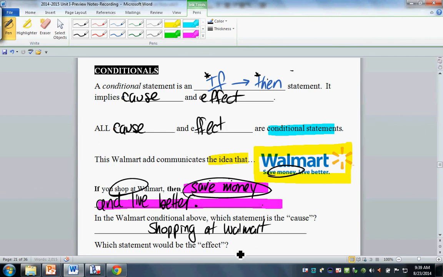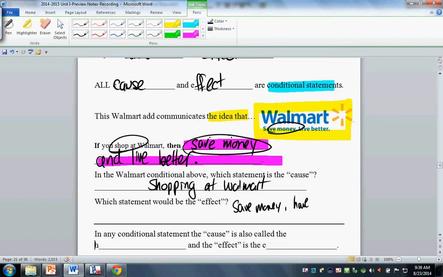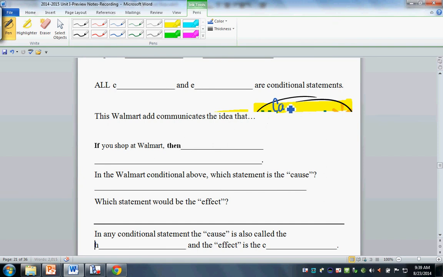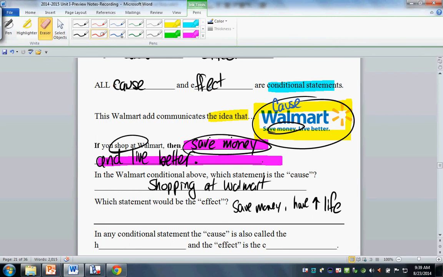The effect is you're going to save money and have an improved life. Even though this ad doesn't have if-then in it, it does imply cause and effect. The cause is shop at Walmart, and the effect is you're going to save money and live better.